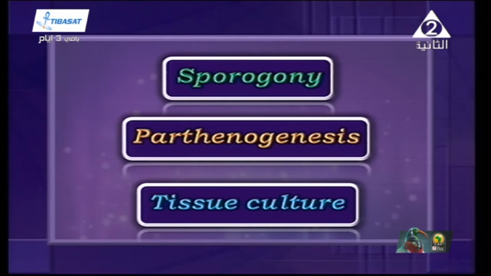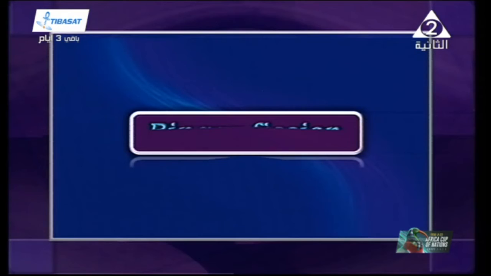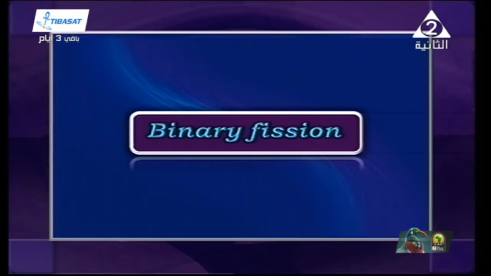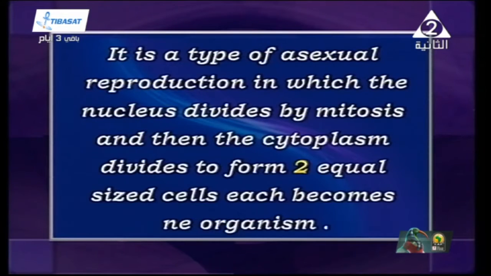Let's start with the first type, which is binary fission. What is binary fission in asexual reproduction? It is a type of asexual reproduction in which the nucleus divides by mitotic division, and then the cytoplasm divides into two equal amounts.